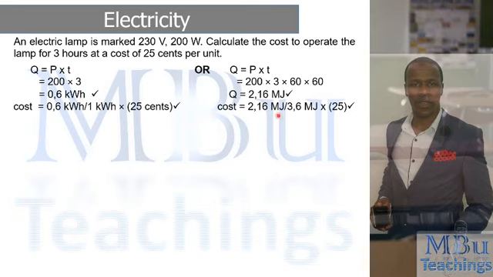Then for this one it's megajoules, for this one it's kilowatt hour. So we need the cost, so you just divide by the kilowatt hour and multiply by the amount.